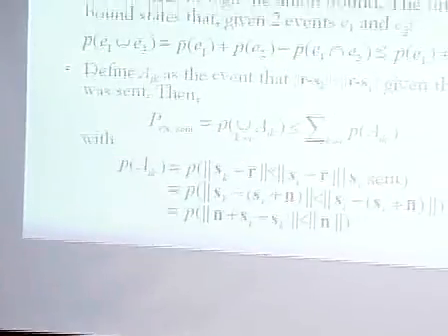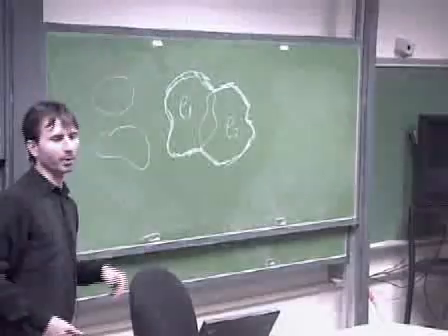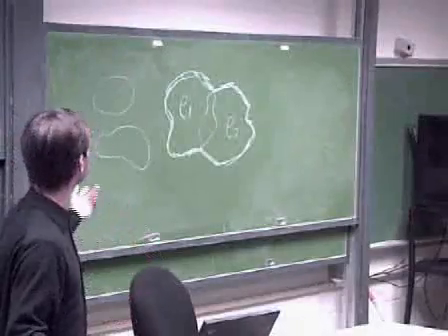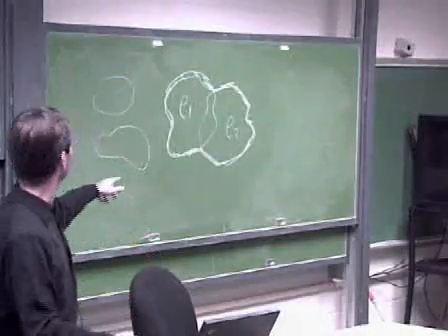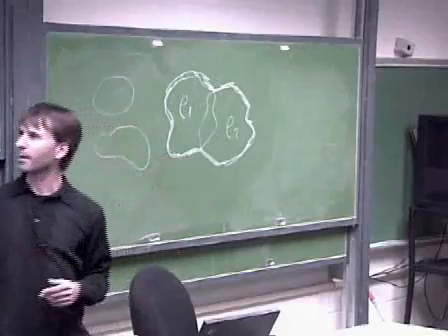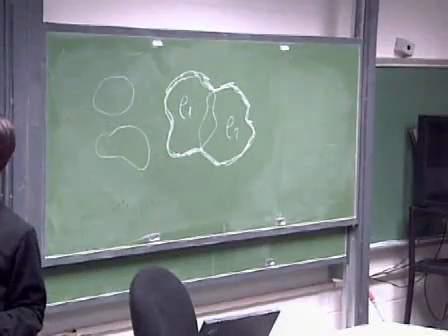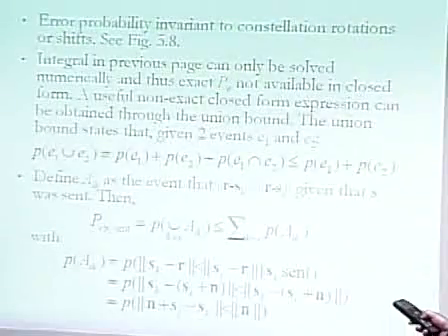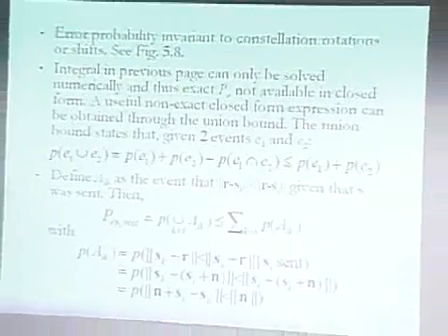And this doesn't happen if the events are disjoint, right? If we have events that are like this, one event, another event, because there's no overlap, we can just add the probabilities. But if they're not disjoint, then we have to say probability of one plus probability of another minus the probability of the intersection. Okay?